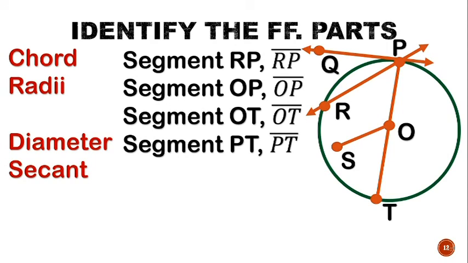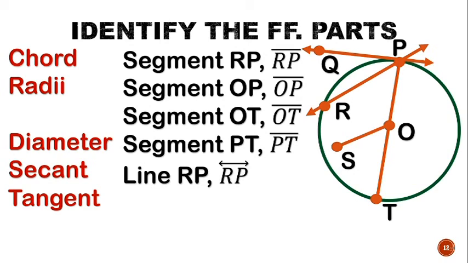Next, what about a secant line? A secant is a line. So line RP. And look how the symbol changed on top of the letters. And then tangent, again, it's a line. So QP. And again, be reminded of the symbols used.